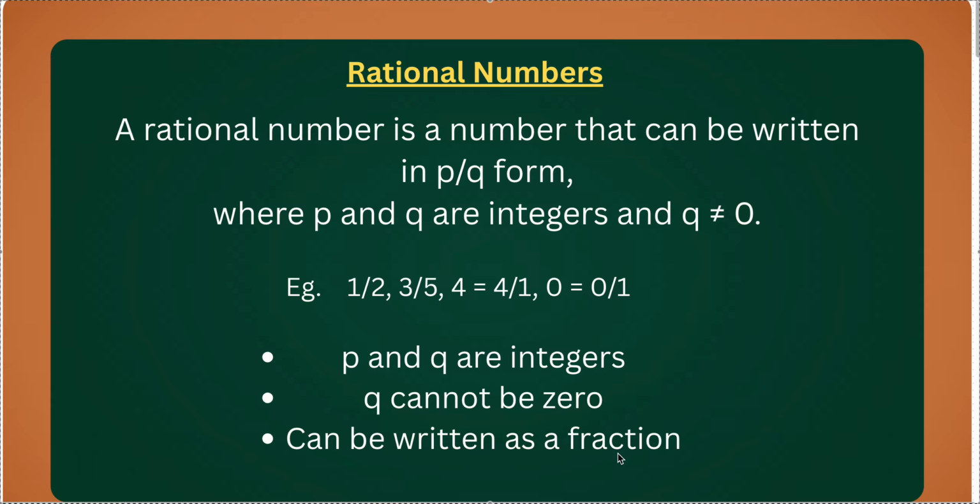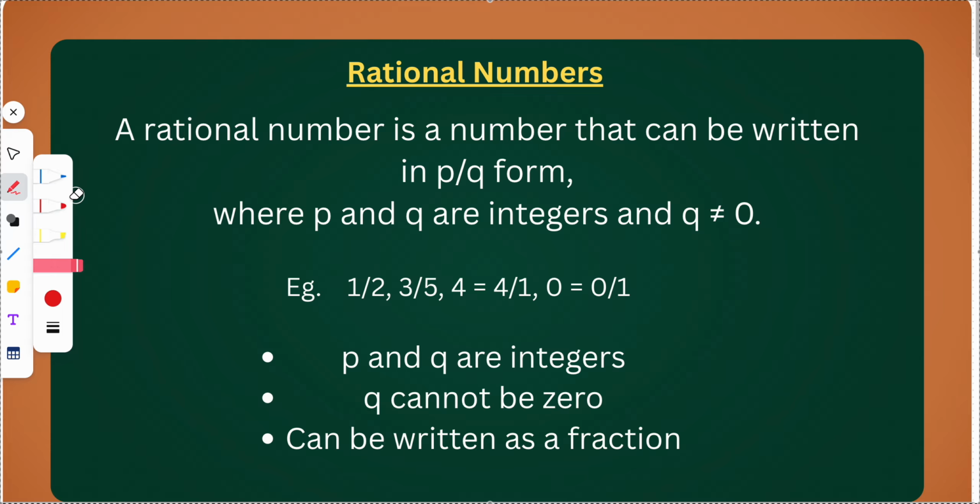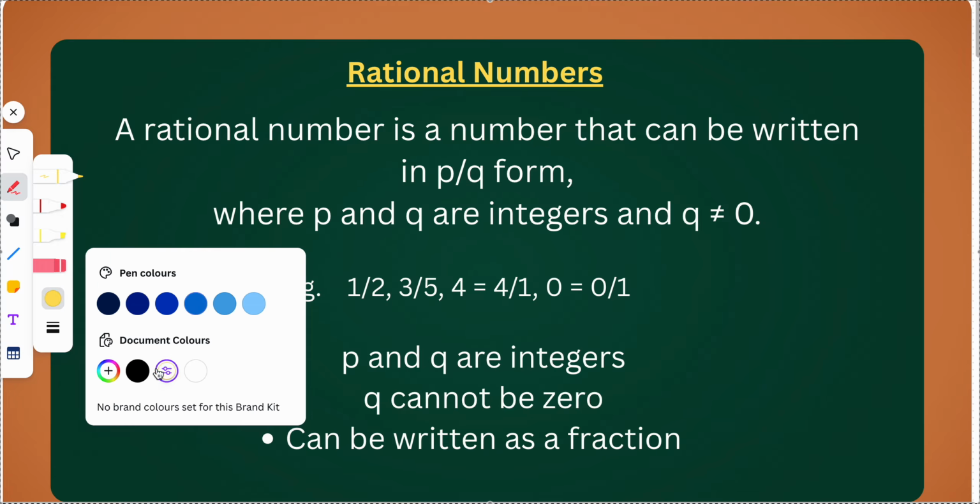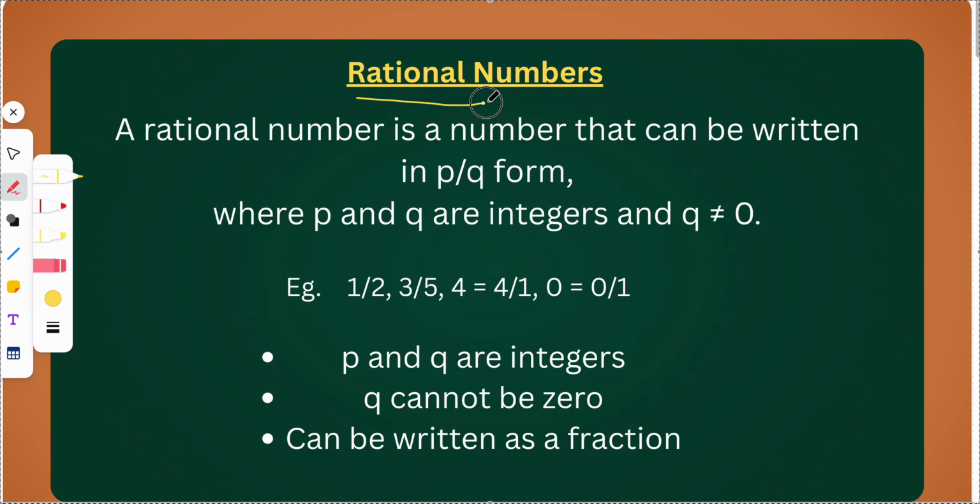So let's start. First, we'll understand what rational numbers are. As the definition suggests, a rational number is a number that can be written in p by q format, which means it can be written in fraction format.